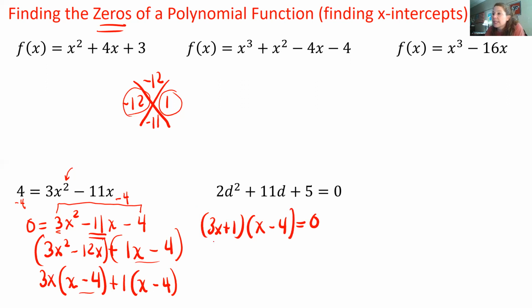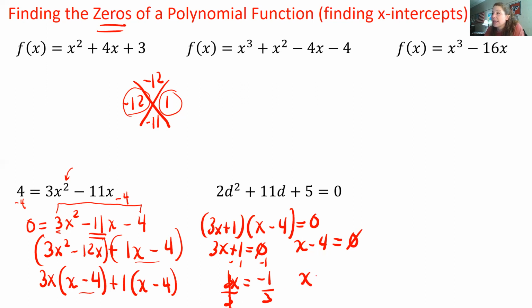So then I'm going to take 3x plus 1 and set it equal to 0, and then x minus 4 and set it equal to 0. All right, solve for 0. I'm going to subtract 1 from both sides, and then I divide by 3, right? So those 3's cancel.